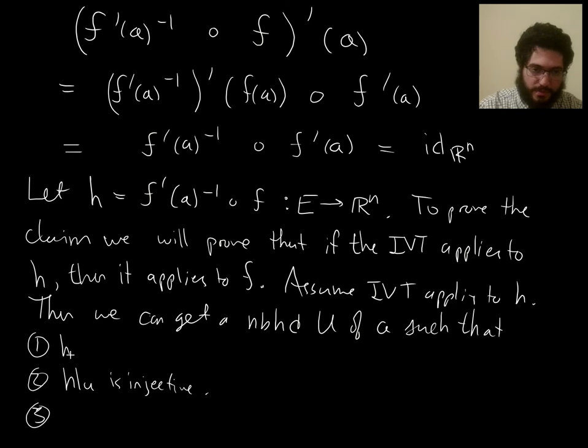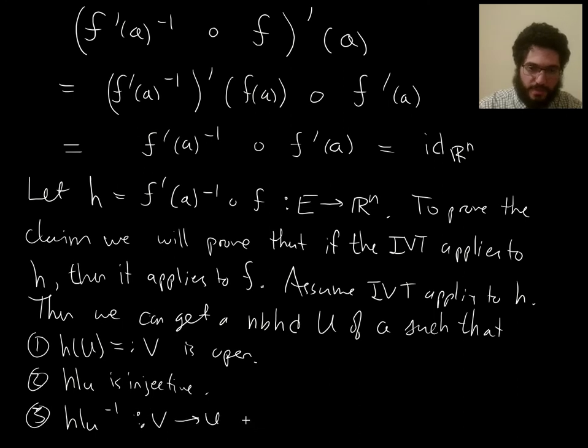1 was the image of U, which maybe we can call V, is an open set. And the third one is when you restrict H to U and take the inverse, then as a map from V to U, this is C1.